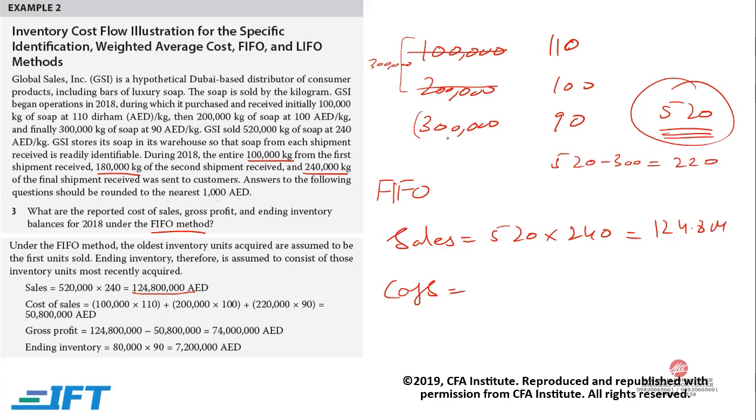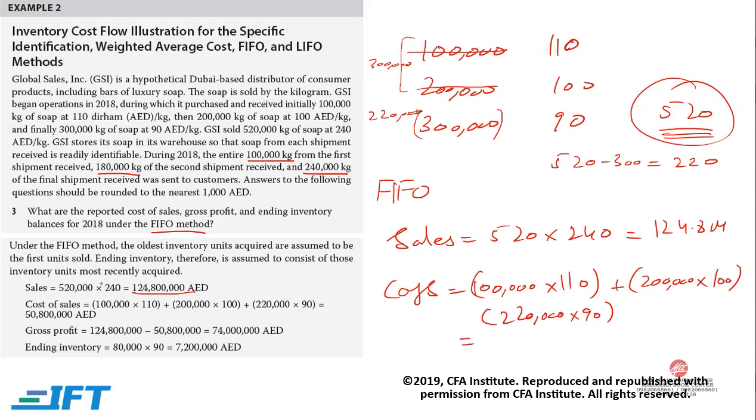So 220,000 will go from this place. So total cost of goods sold would be 100,000 multiplied by 110 plus 200,000 multiplied by 100, and then 220,000 multiplied by 90. That is going to give us 50.8 million. That is our cost of goods sold.